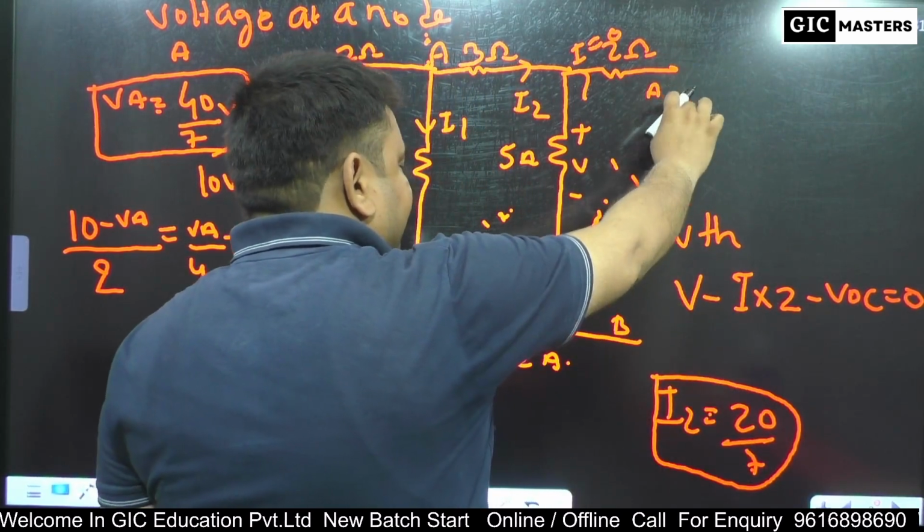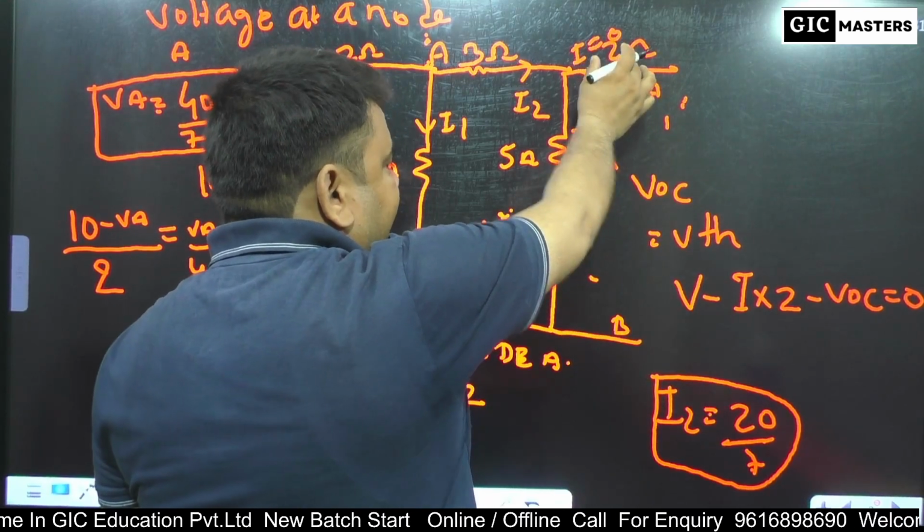Since A and B are open circuited, I equals 0.